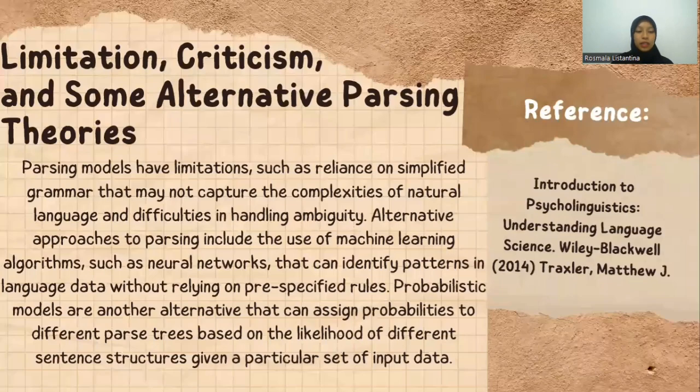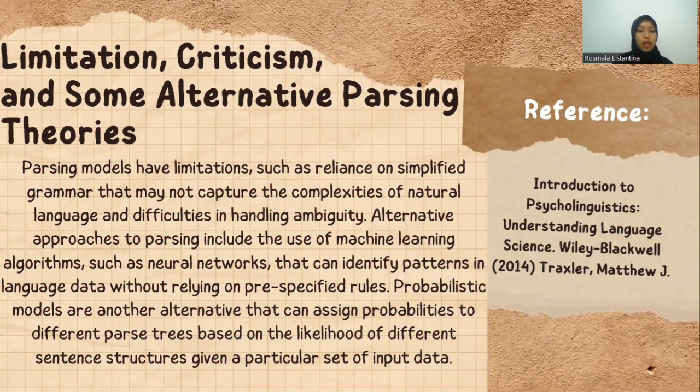And the next is limitation, criticism, and some alternative parsing theories. Parsing models have limitations such as reliance on simplified grammar that may not capture the complexities of natural language and difficulties in handling ambiguity.